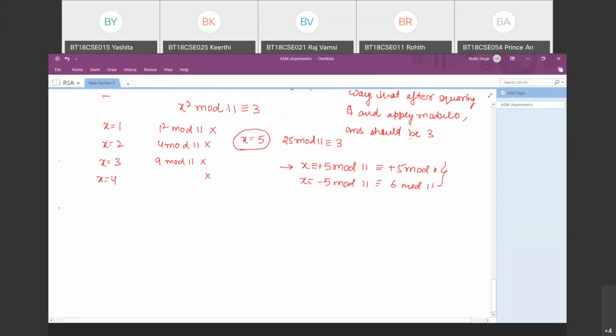The shortcut is Euler's criterion. Euler's criterion says two rules. The first rule is if a to the power (p minus 1) divided by 2 is congruent to 1 mod p, then we can say a is in the quadratic residue.